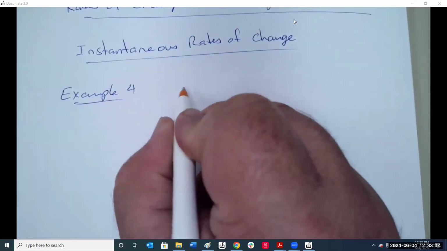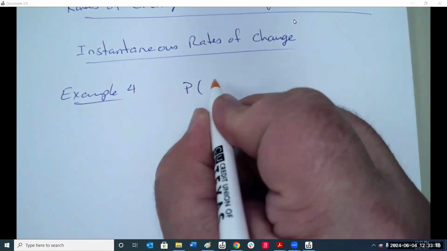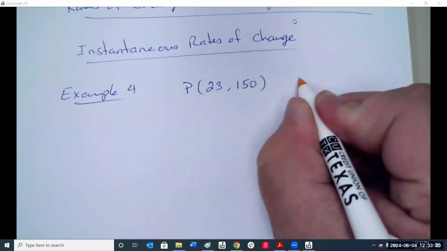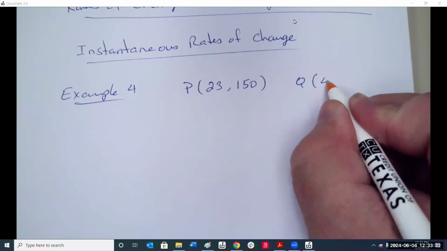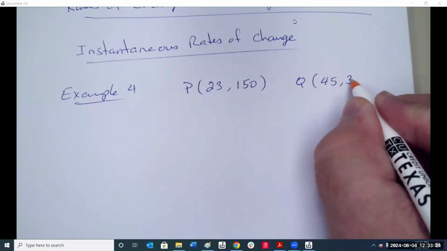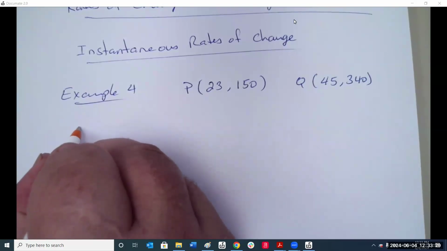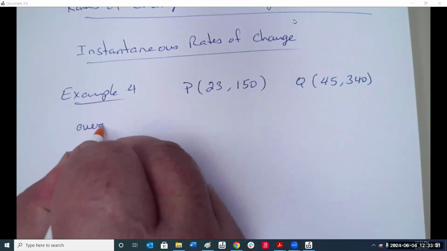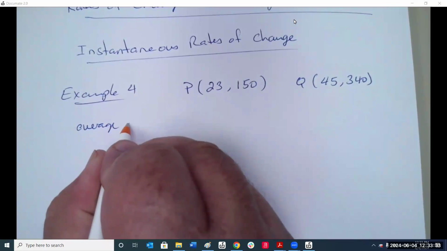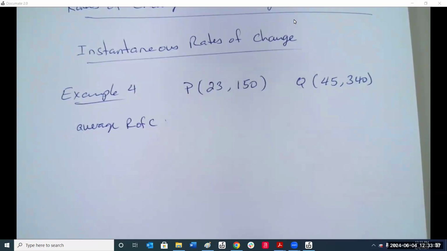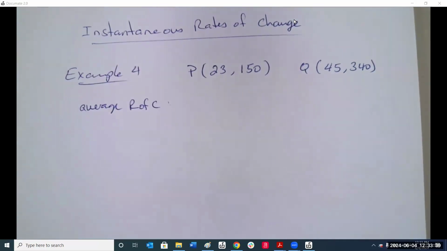Example 4. So we have point P at 23, 150. Point Q is at 45, 340. The average rate of change between those 2 points is what?